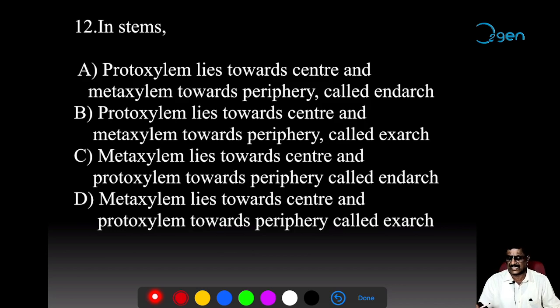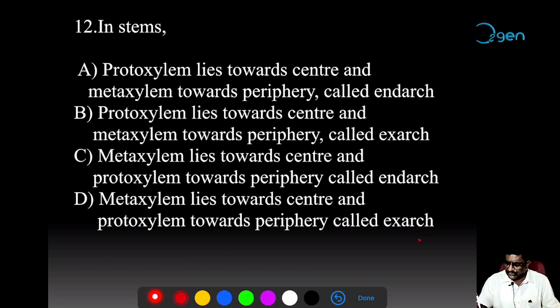12. In stem, option A, protoxylem lies towards the center and metaxylem towards the periphery, called endarch.